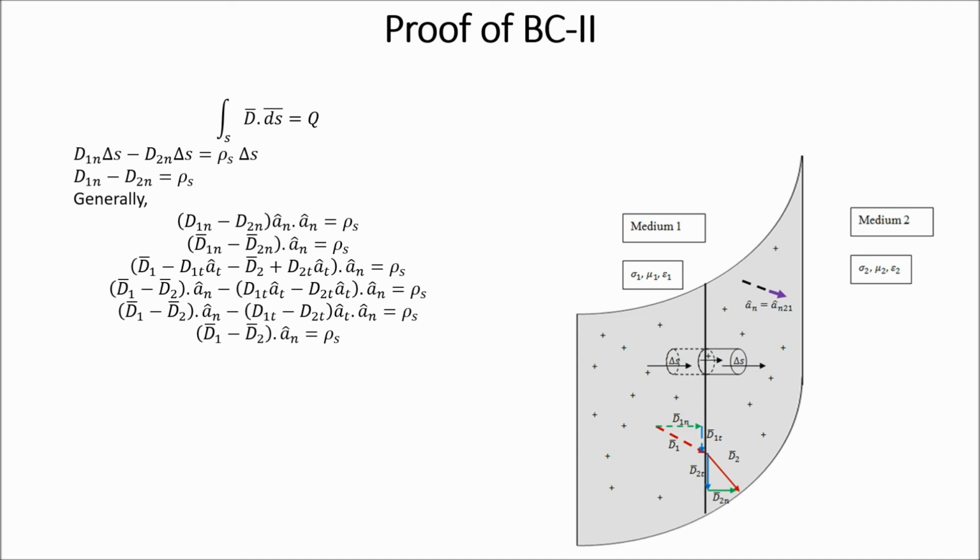If we expand this and rearrange, you get D1 minus D2 dot an, and D1t minus D2t at dot an. At dot an, they are perpendicular to each other, so that is 0, equal to rho s. So you come up with D1 minus D2 dot an equal to rho s. This is the second boundary condition.